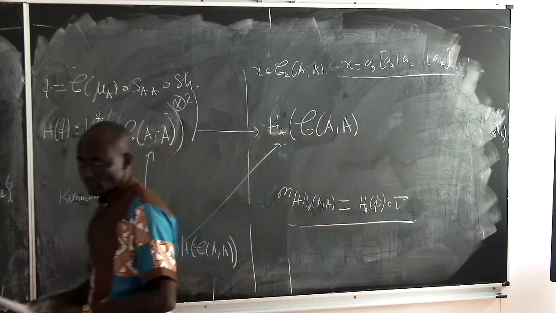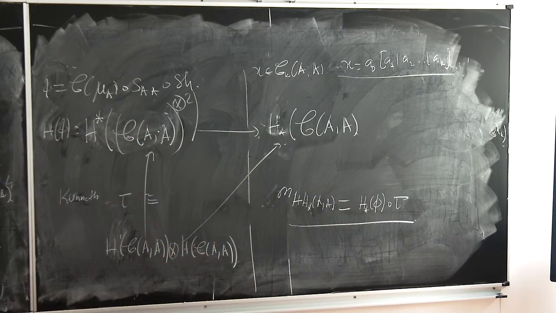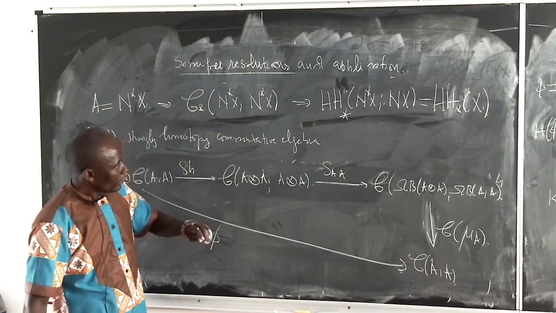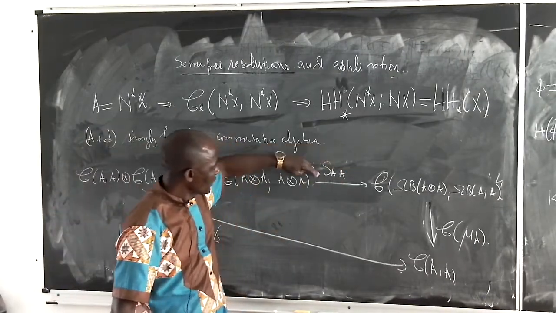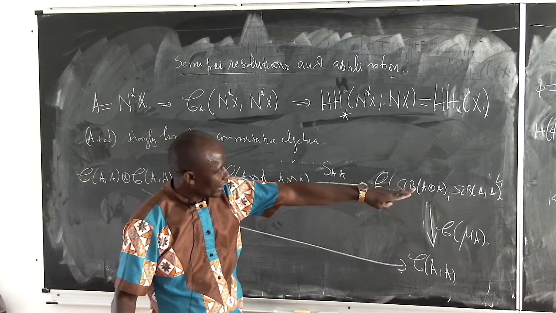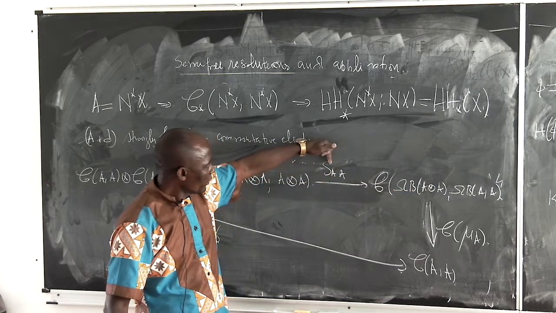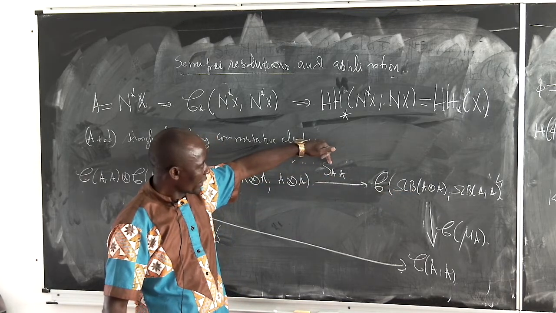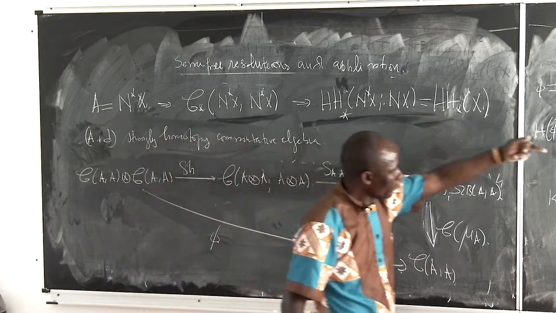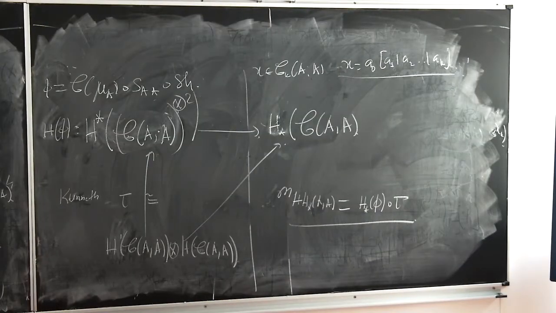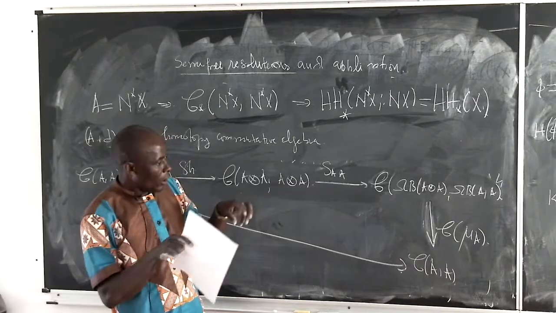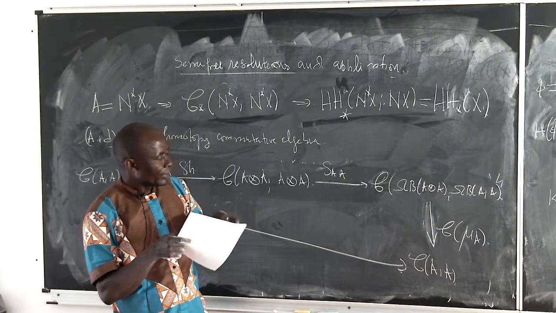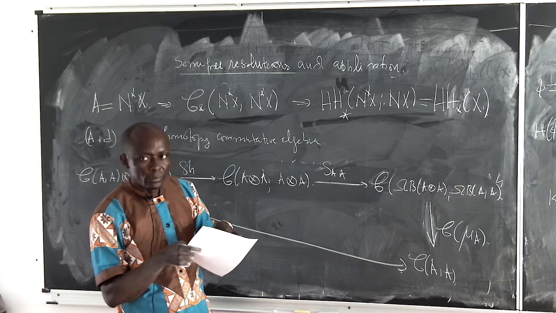Okay, there are some points which are not very clear because this is a section of a quasi-isomorphism. This section is not unique. But when we move to the homology, we have the uniqueness because all the sections are equivalent. In homology, they are equal.